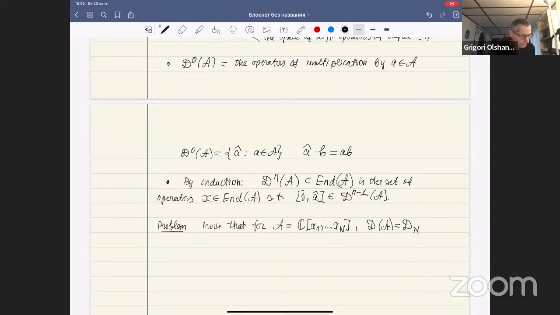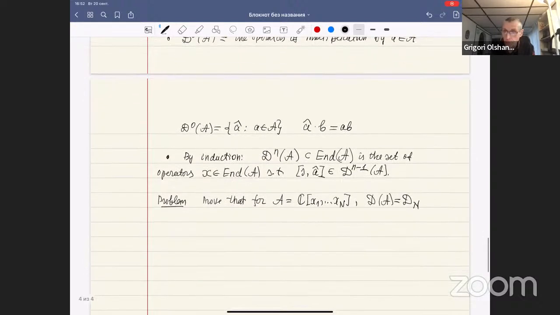Okay. So this construction leads us to a general definition of filtered algebras.